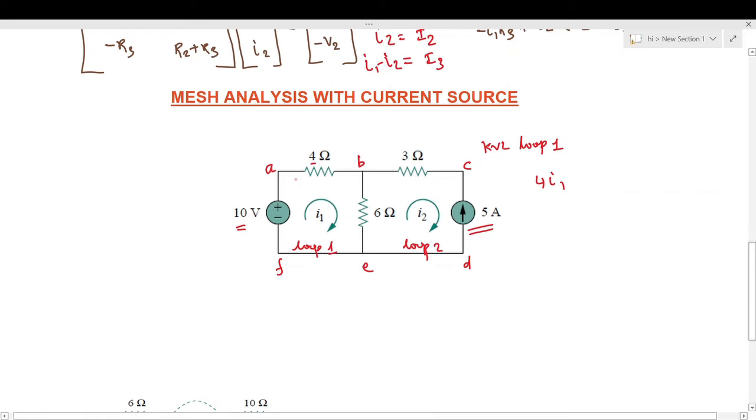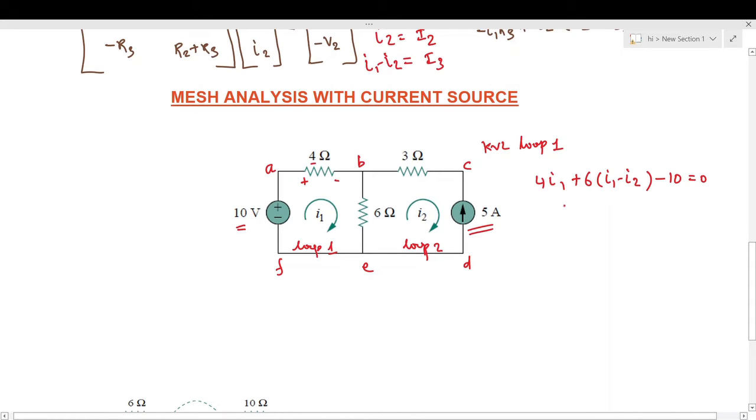Now when we mark the arrow from here, it is meeting the positive potential of the 4 ohm resistor, so 4 I1 will be positive, and here two currents are flowing through the 6 ohm resistor, that is loop current I1 and loop current I2, but both are in opposite direction, so we can write that the value of resistor is 6 and the difference of current I1 minus I2, and finally the loop direction is meeting the negative terminal of the voltage source, so we can write minus 10, which is equal to 0.